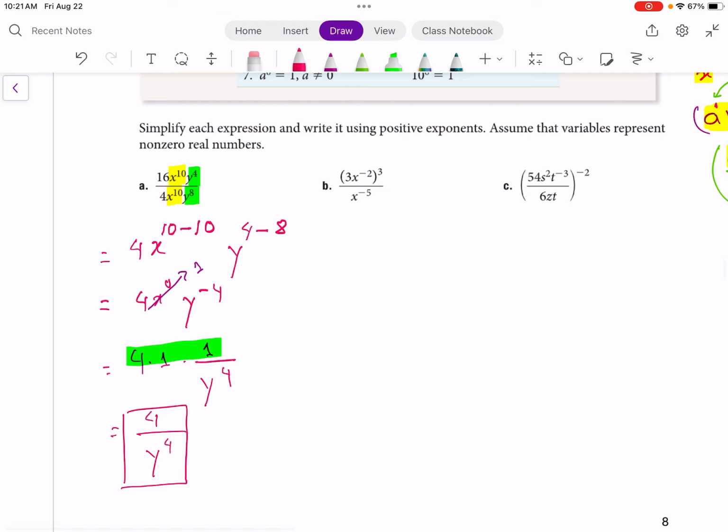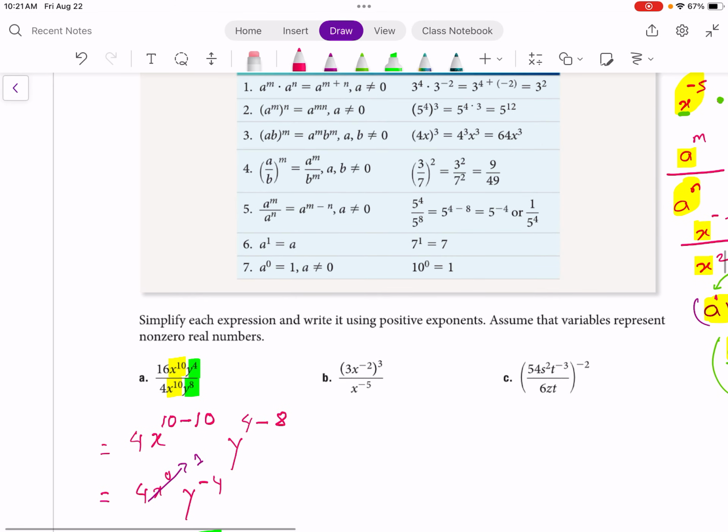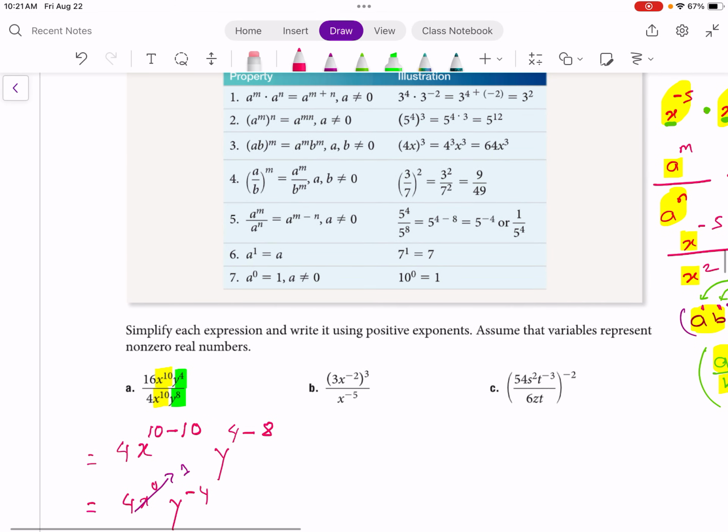Now which property do we use here? We have a list of properties from 1 to 7. At first, for the numerator, which property do you think we will be using? We have (3 times x to the power minus 2) with exponent 3. This exponent 3 is for each term inside the parenthesis.